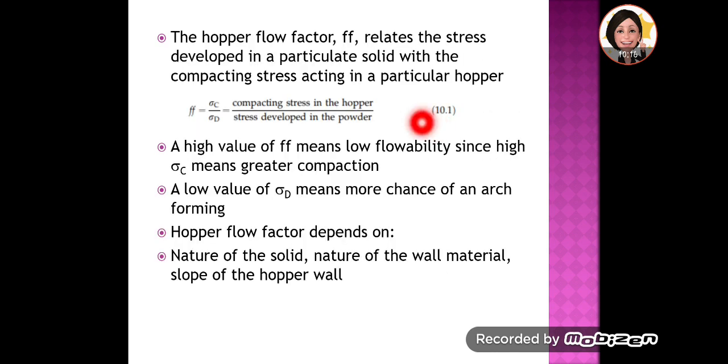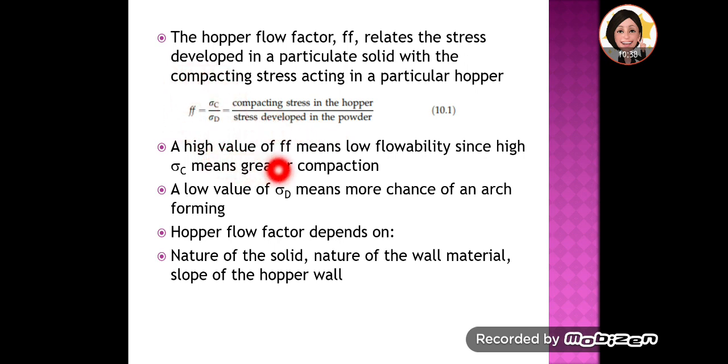So the hopper flow factor, FF, relates the stress developed in a particulate solid with the compacting stress acting in a particular hopper. So the flow factor FF is just a ratio.